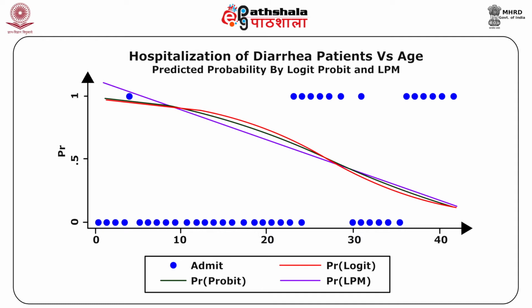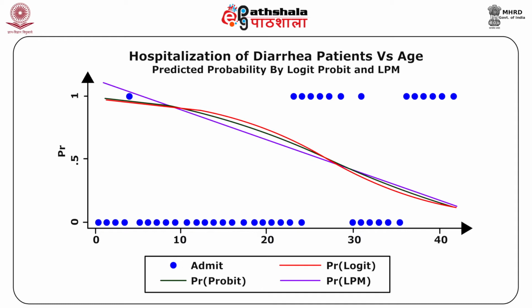So if you look at this graph, which is for our problem of hospitalization of diarrhea patients versus age, if you remember we said if the patient is not admitted we have value 0, if admitted we have value 1. So the values are between 0 and 1.